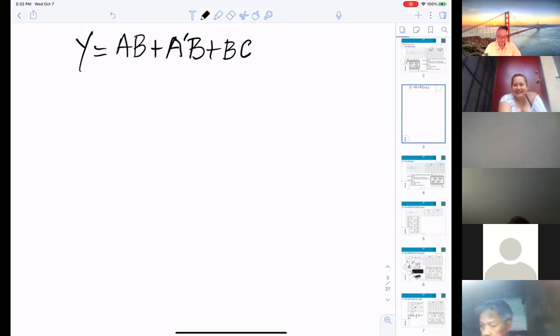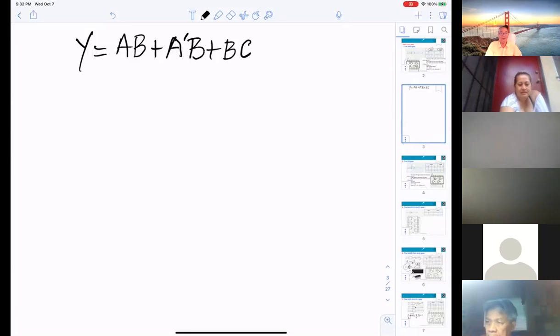If they open, the alarm will be on. The hood also, if it opens, the alarm will be on. And the back, the trunk, if they open, the alarm will be on. That means you get 3 inputs. You can say A, B, and C. And you get only one output, the alarm will be on or off. So that's why they will come up with the equation.